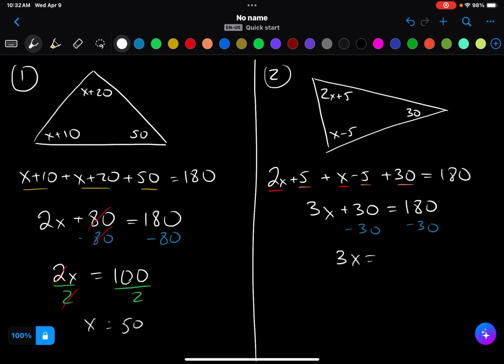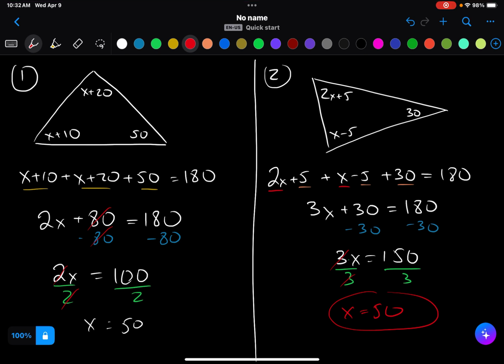So 3x is going to equal 150. Divide everything by 3 to get rid of that multiplied by 3 on the left side. So that's gone, leaving me with x is 50.